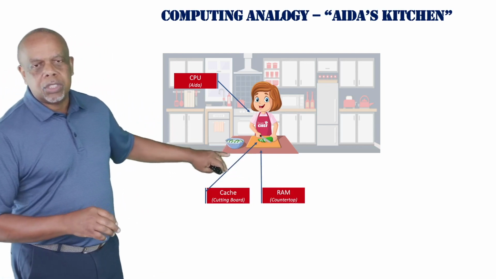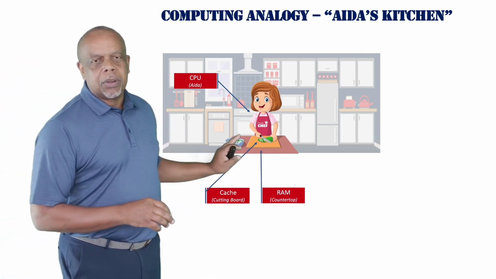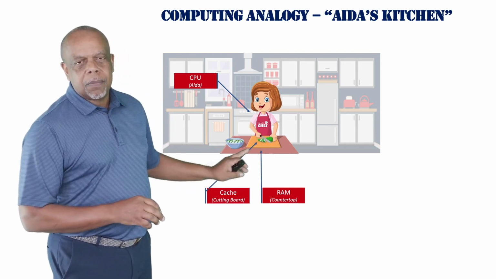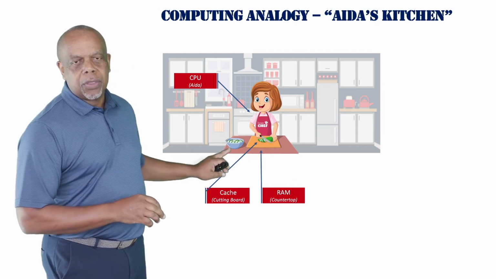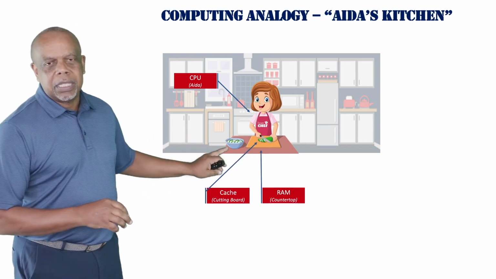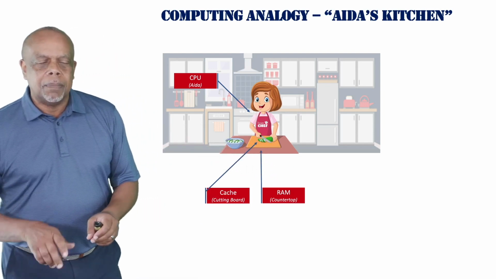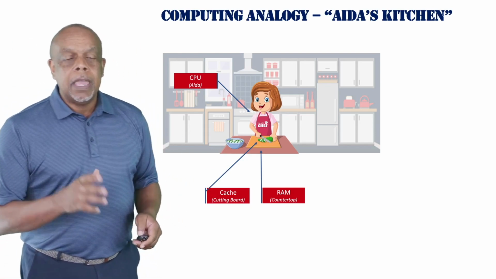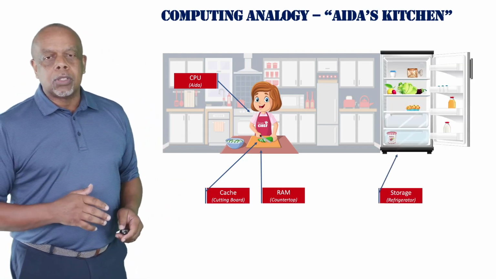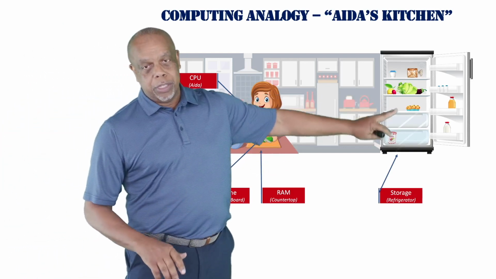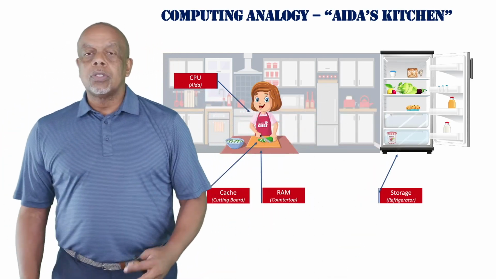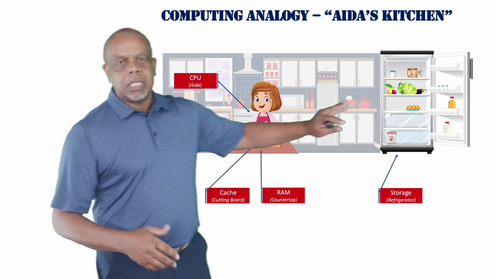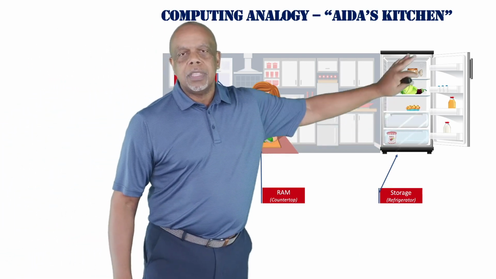This is where she can store things temporarily, and it's not as close to the CPU as cache. It's a little farther away, so this is where she can bring things out and set them down and cut them up to prepare this delicious salad that she's making. That's her RAM. Now, when we think about storage, that's the refrigerator. That's long-term storage. That's where all the vegetables and everything is kept.